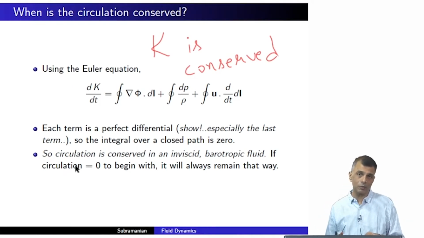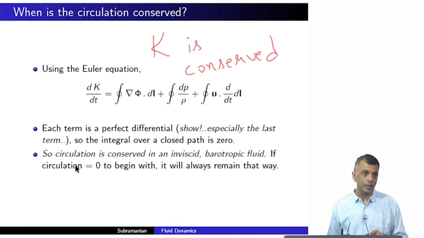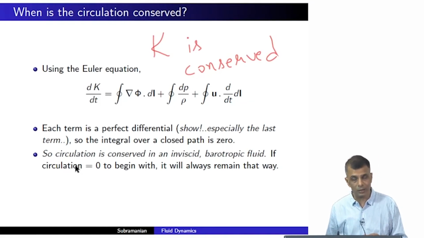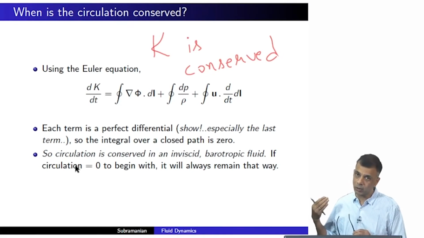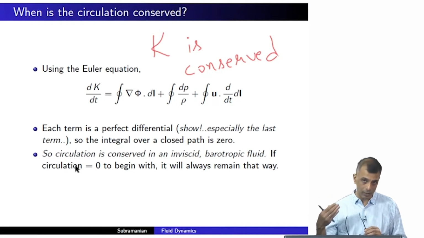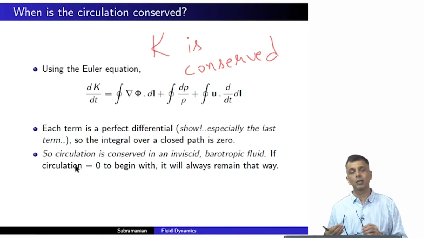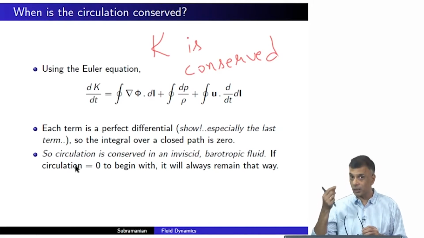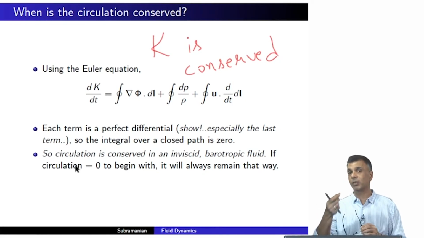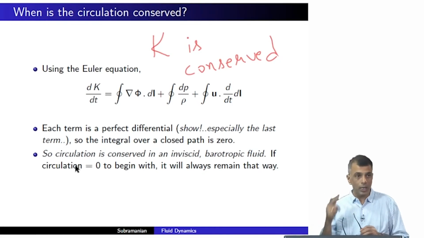The answer lies in the fact that very large velocity gradients are being generated right at the wall. The fluid is coming to an abrupt halt at the wall, and so there are very, very large gradients of velocity right there.